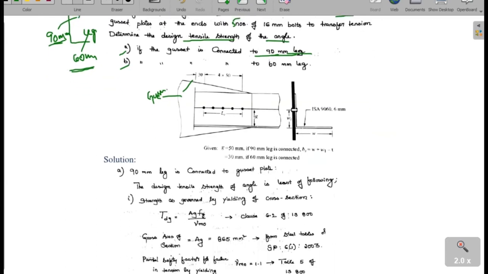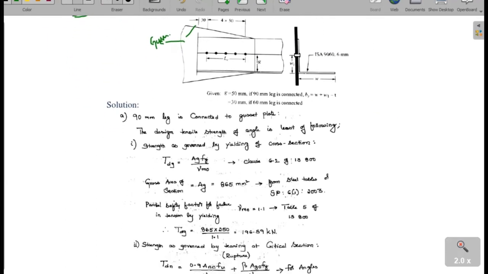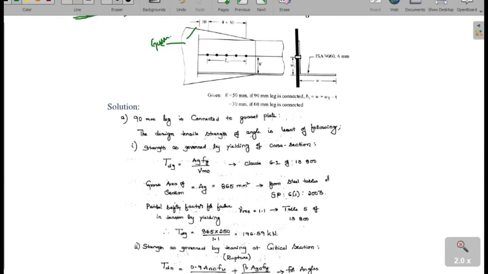So this is the figure given in this question. There are 5 bolts here, 1 2 3 4 5, and this is the edge distance 30 mm, and 4 into 50 means this is 1 2 3 4.